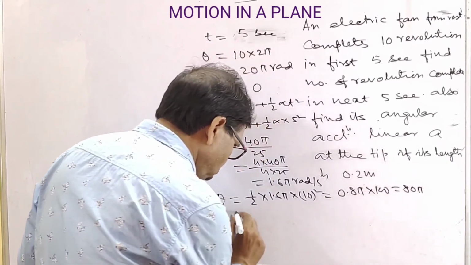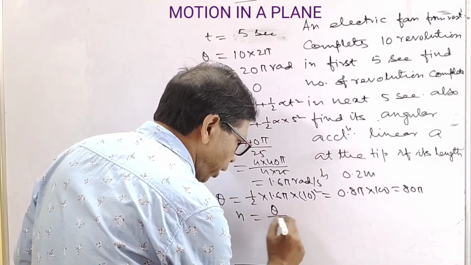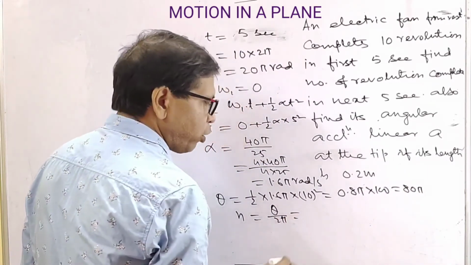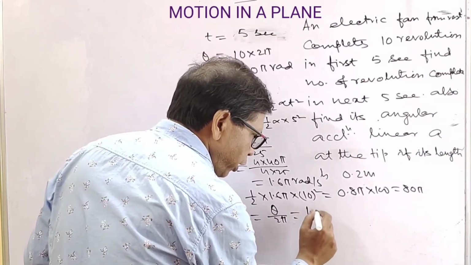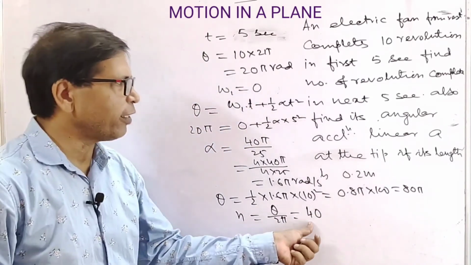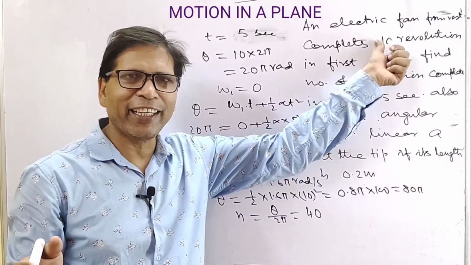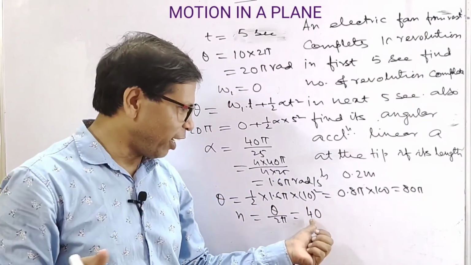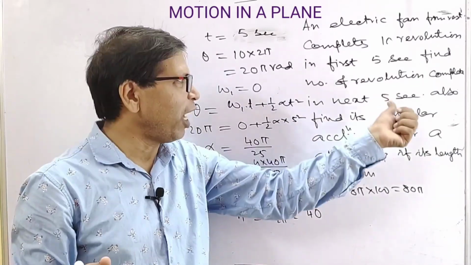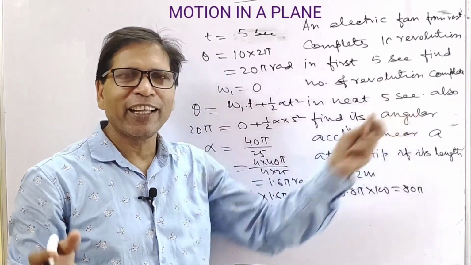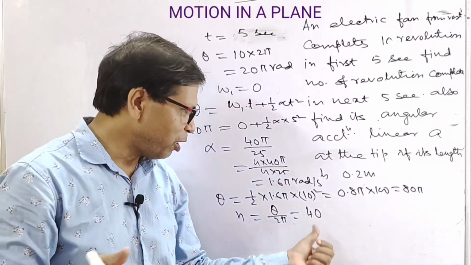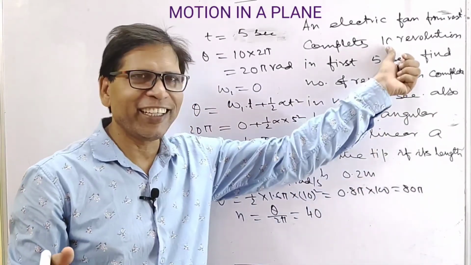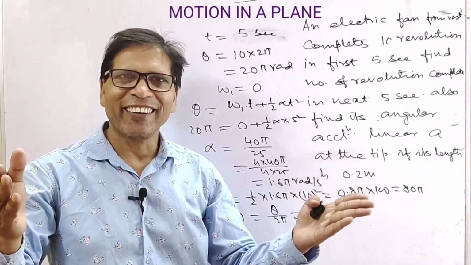Therefore the number of revolutions n equals theta by 2 pi, which is 40 revolutions. Now in the first 5 seconds the number of revolutions is 10. In the first 10 seconds the number of revolutions is 40. Now in the next 5 seconds the number of revolutions becomes 40 minus 10, that is 30.